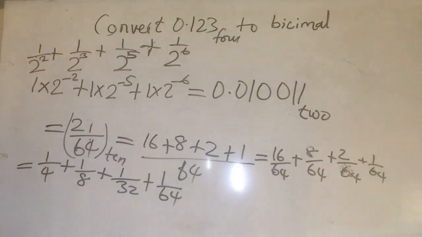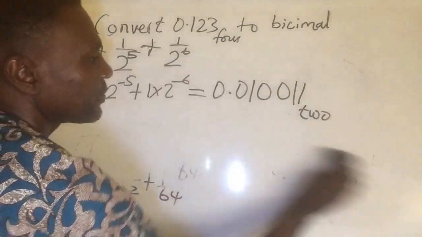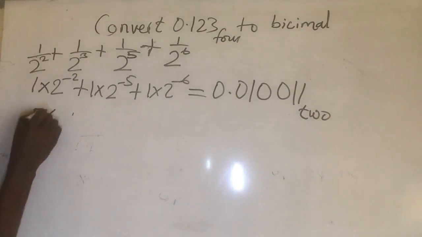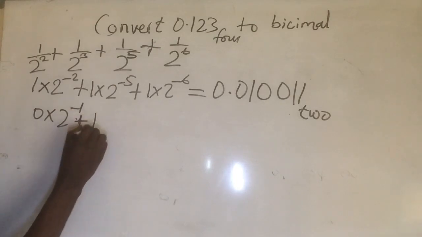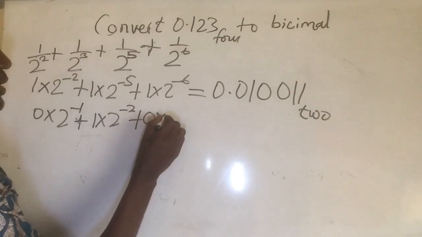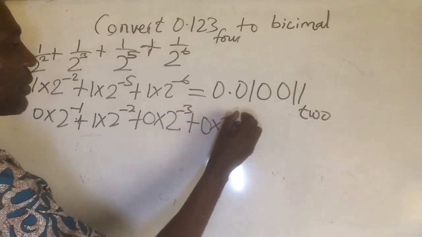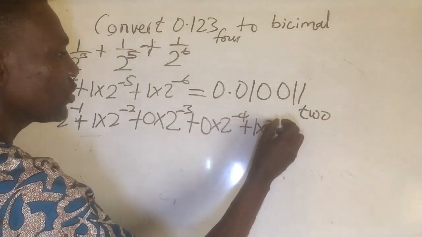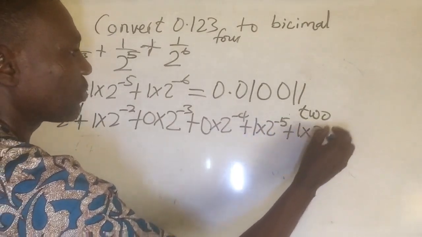That is the answer, which means it is supposed to be like this: 0 times 2 raised to the power minus 1, plus 1 times 2 raised to the power minus 2, plus 0 times 2 raised to the power minus 3, plus 0 times 2 raised to the power minus 4, plus 1 times 2 raised to the power minus 5, plus 1 times 2 raised to the power minus 6.